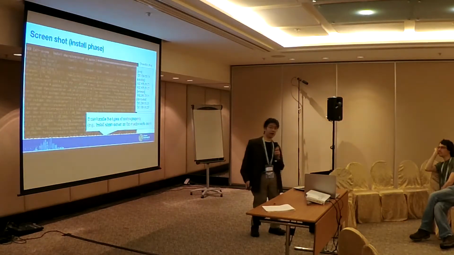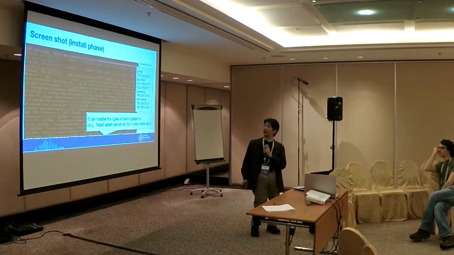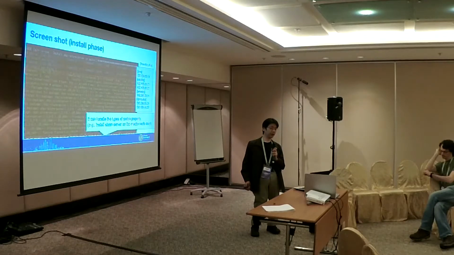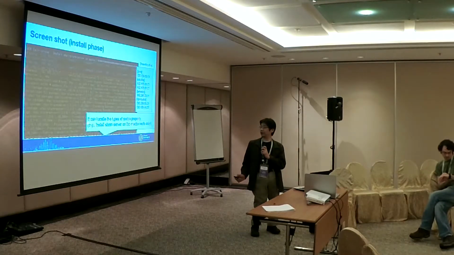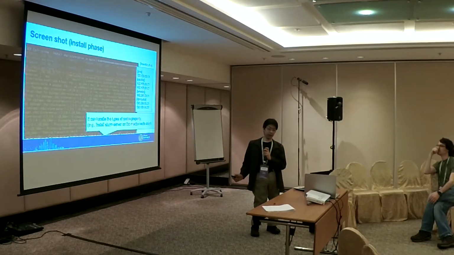Next, I show a screenshot of the OpenHPC installation phase. This screenshot indicates Ansible can handle the type of nodes properly. This slide indicates Ansible installs the SLURM server on the master node only.